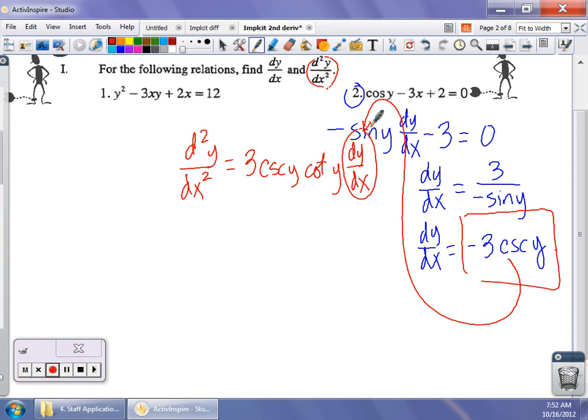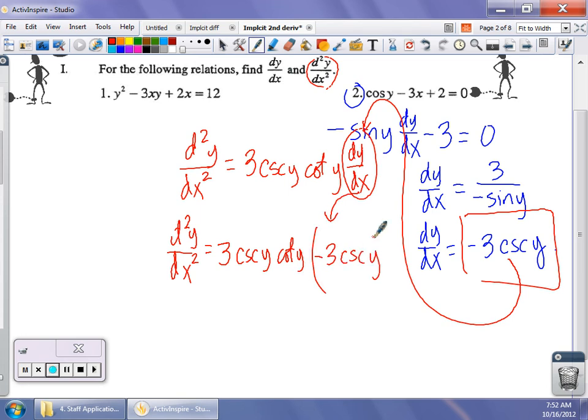So when I rewrite that, I'll have second derivative equal to 3 cosecant y cotangent y, and then in place of the dy dx, I'm substituting the negative 3 cosecant y, which was from here because they are equivalent to each other. And so when I clean that up, I'll have negative 9 cosecant squared y cotangent y.